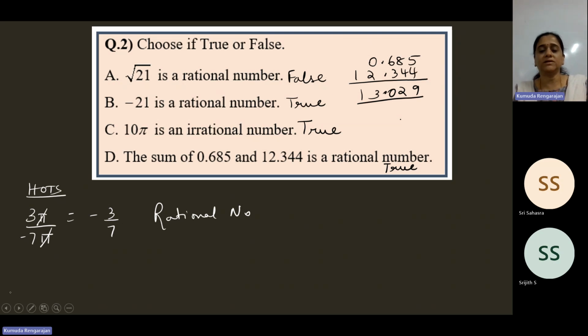Srijit, see, terminating decimal, no? The sum of these two numbers, it's a terminating decimal, so it's a rational number. Yes, ma'am. Yeah, write down the statement and then say true or false. Don't just write true, false, true, false.